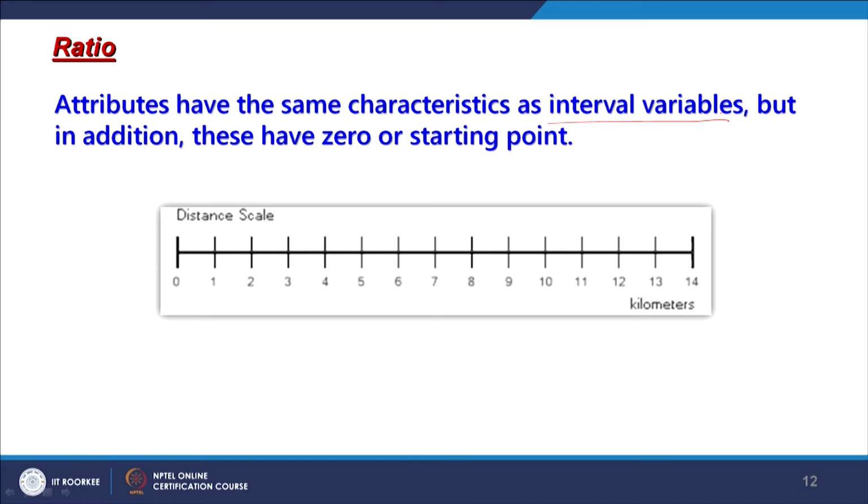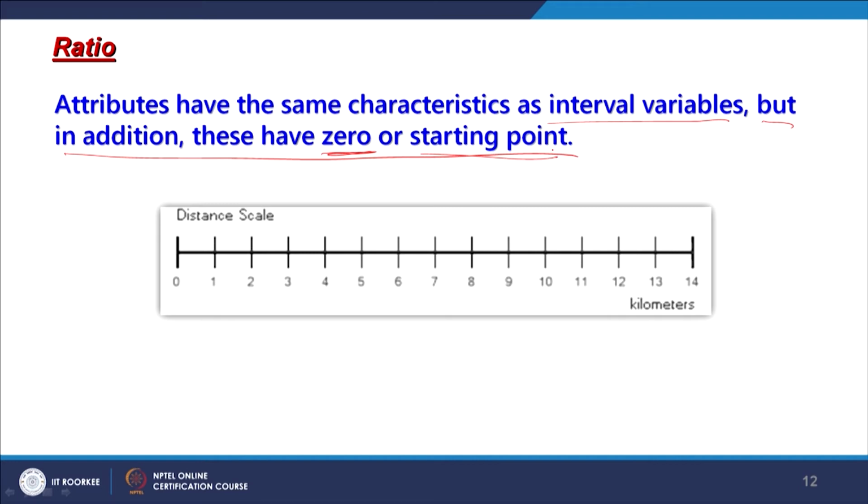It has some extra thing, in addition these have 0 or starting point. Though in the PS example we had 0, there are some other examples where we will not have 0. So here the 0 or starting point is there, plus those conditions like inherent order and distance having meaning.